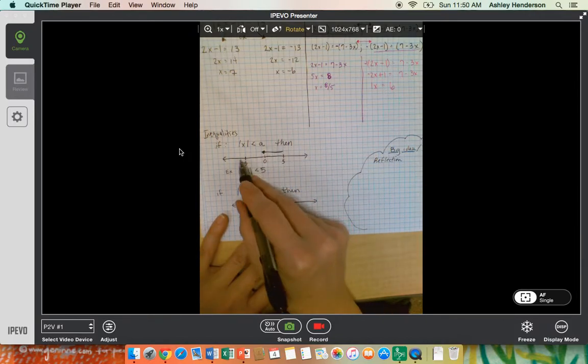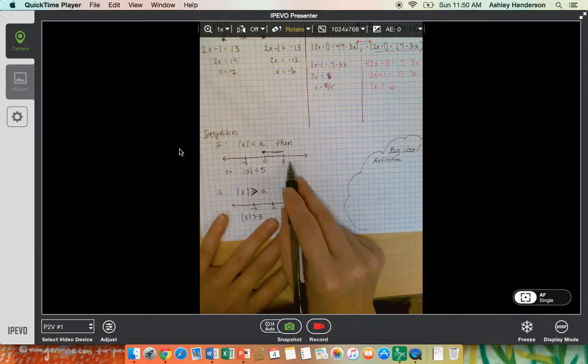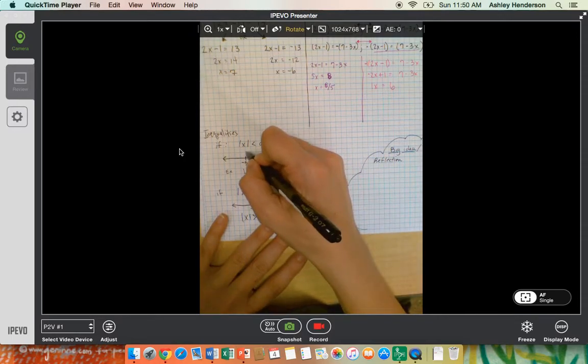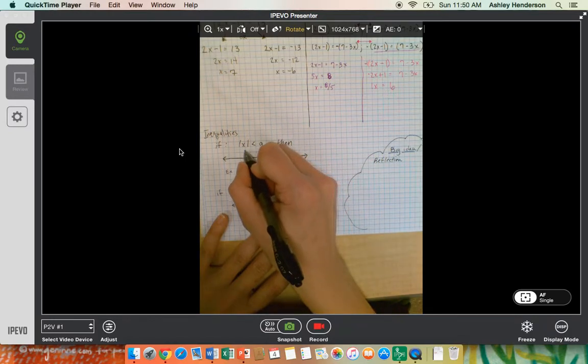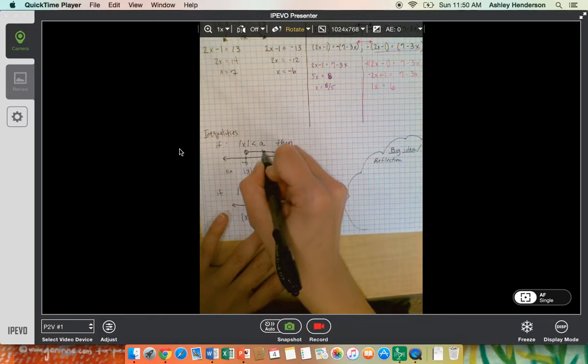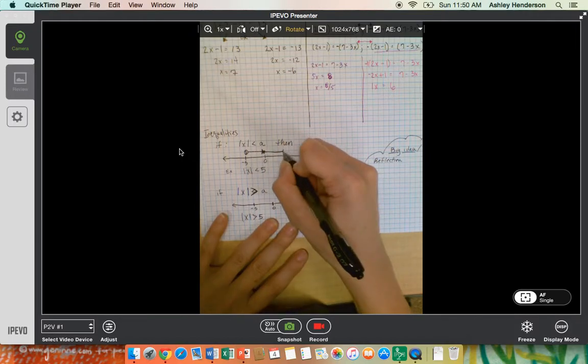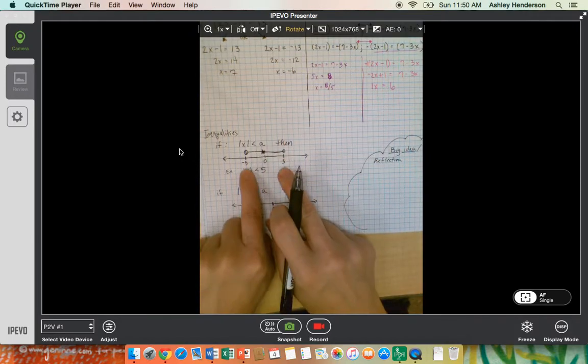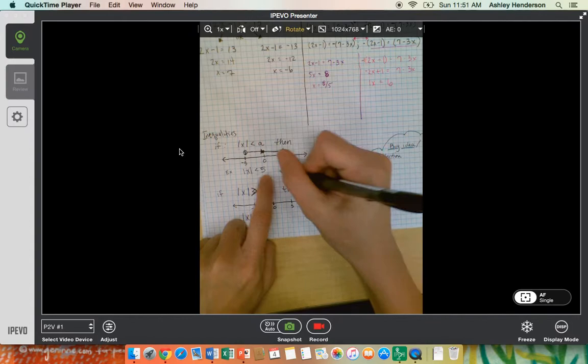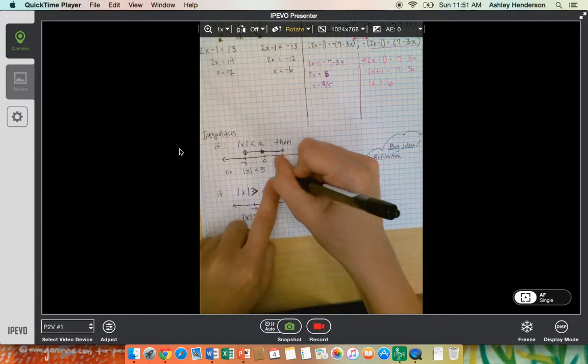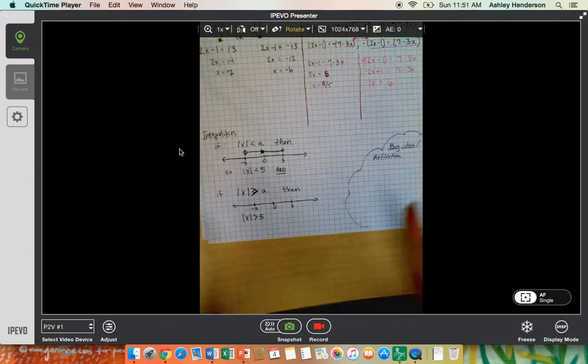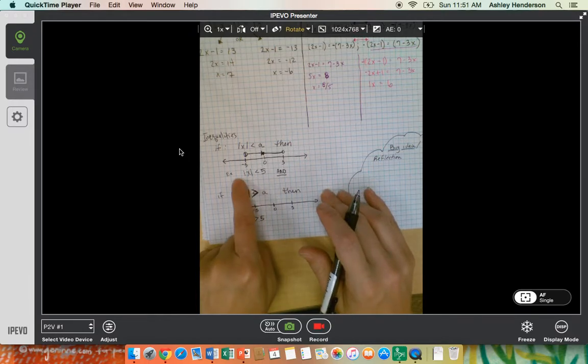But if I put in a number like -6, the output would be +6. +6 isn't smaller than 5, it's bigger than 5. That means there's kind of like an end cap here. So we're looking at values that lie between these two numbers. So these are always and statements because we're looking for something that lies between 5 and its opposite.